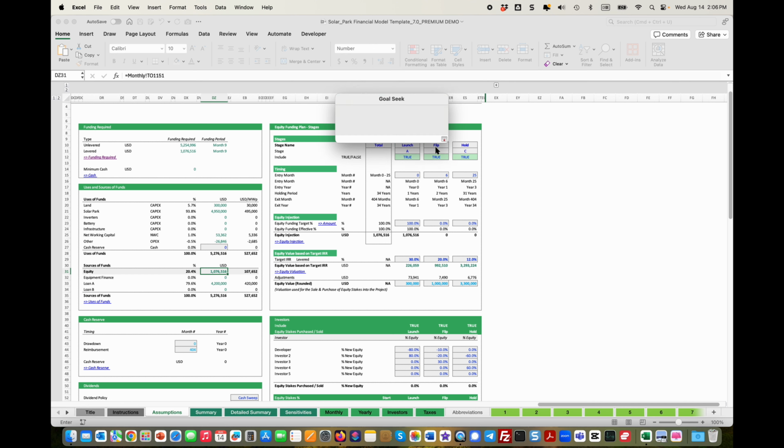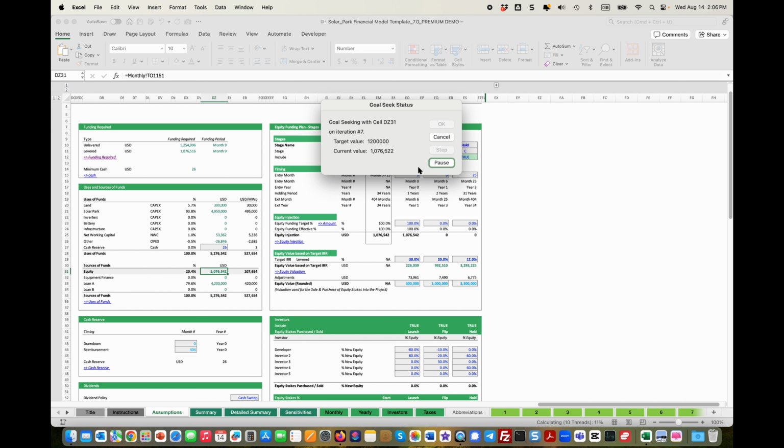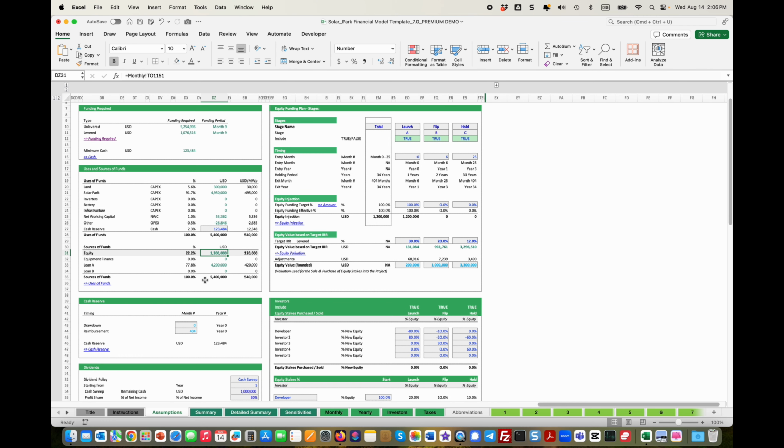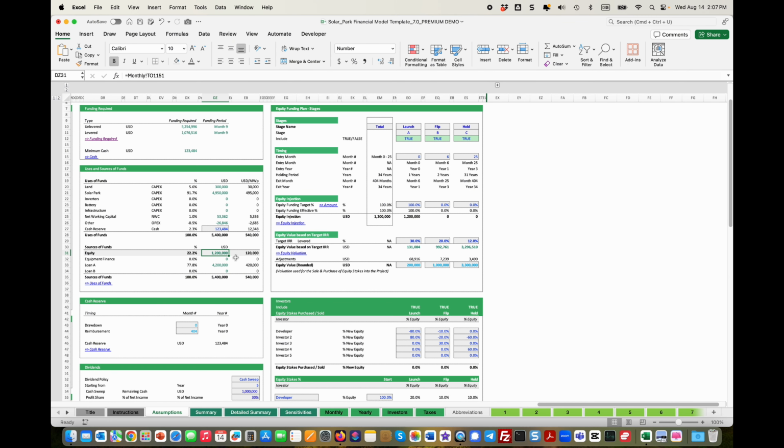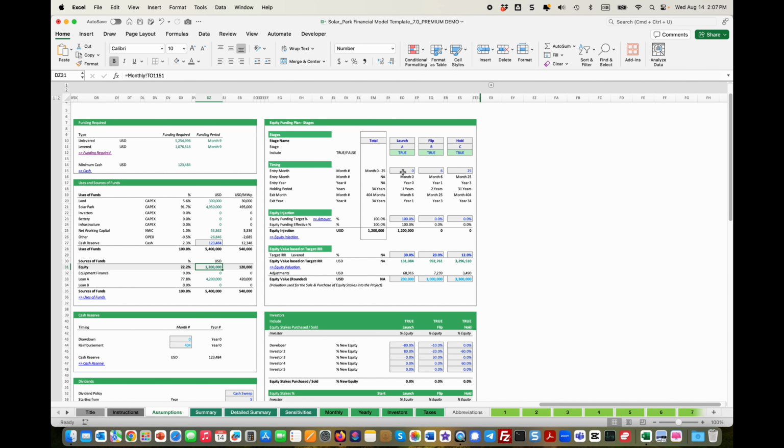I'm also adding some more cash reserves, and so I'm doing a goal seek to figure out what the cash reserve needs to be in order to get to a rounded equity number. And this equity will have to be injected into the company, and here you can see we have 3 steps how to do that.